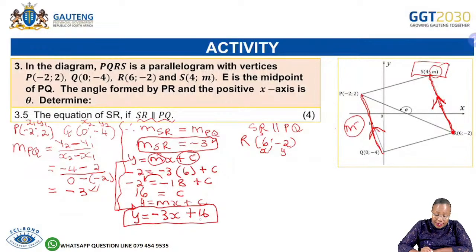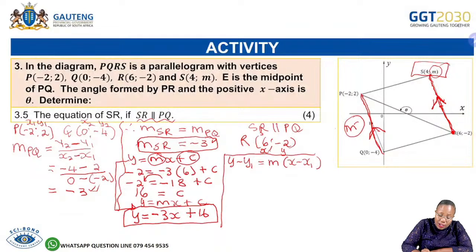So if another learner decides to use the other equation, which is y - y1 = m(x - x1), this is supposed to give the same answer, but that learner will regard the coordinate as x1 and y1. So it will be y minus y1, which is minus -2, and the gradient same is -3 into x minus x1, and then x1 is 6 there.